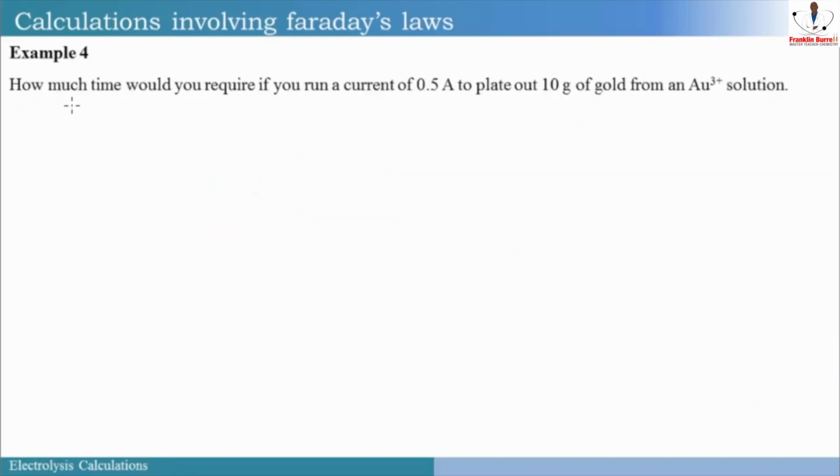In this example, we want to find the time it would require to run a current of 0.5 amperes to plate out 10 grams of gold from an Au3+ solution. So right away, we realize that we would need 3 moles of electrons.